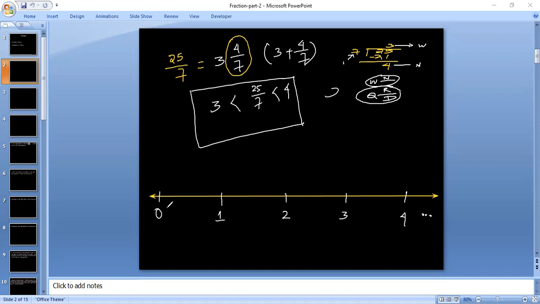We already determined that the value of 25/7 is between 3 and 4. Yes or no? Only 3 and 4. That's why you should divide this space into 7 equal parts. 1, 2, 3, 4, 5, 6.